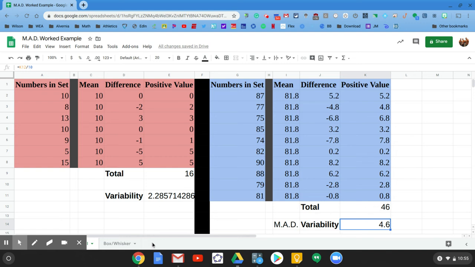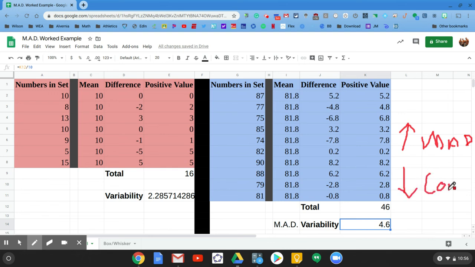So this is called an inverse relationship. What we talk about then is, if I have a higher variability, I'll draw on this, or higher mean absolute deviation, excuse my handwriting, that means we actually have lower consistency.